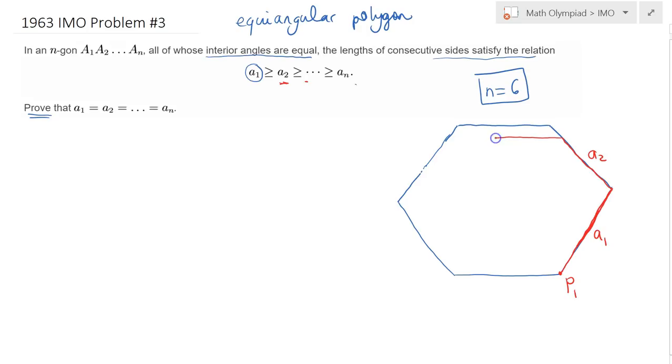So if it's strict, I want to see if that's even possible if we have strict inequalities, right? So that would be A3. By the way, this one was vertex P2. Sorry, not P2, A2. Sorry for that. So the vertices are A's. A1, A2, A3, and the same story, right?